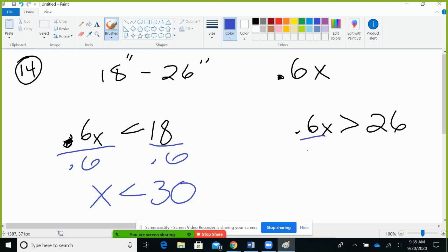And then you would divide by 0.6, divide by 0.6, x is greater than 43. So they don't rent to anybody with legs shorter than 30 or greater than 43 inches.